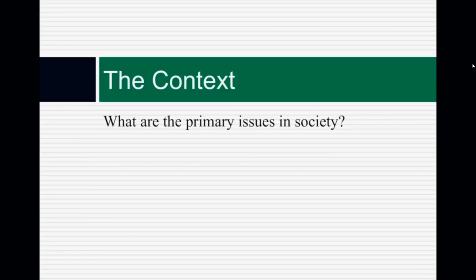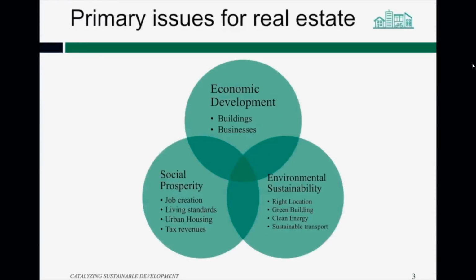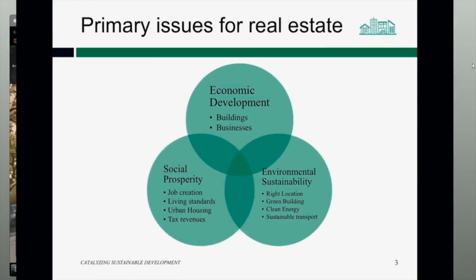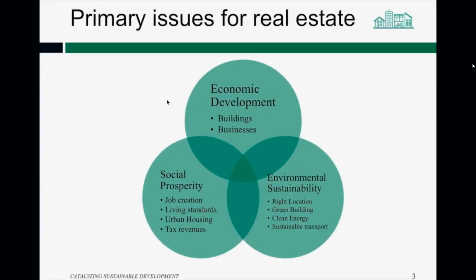So the context, right? For smart growth, it really addresses some of the major primary issues in our society. So we need to talk a little bit about what it is that we have the potential of contributing to in pursuing smart growth development. So when we talk about smart growth development, we're talking about the ability to pursue economic development, either from the redevelopment or ground-up development of buildings, and promotion of businesses within those buildings.